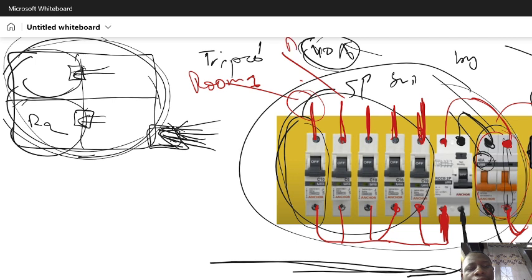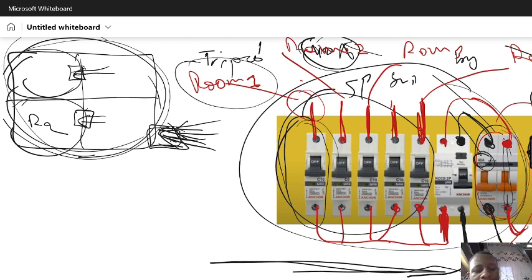This live will go to room 2. This live will go to room 3. This live will go to room 4. Now I have different rooms. The different rooms will be protected with each circuit breaker. This room will be protected with this circuit breaker, this room with this circuit breaker, and this room by this circuit breaker.